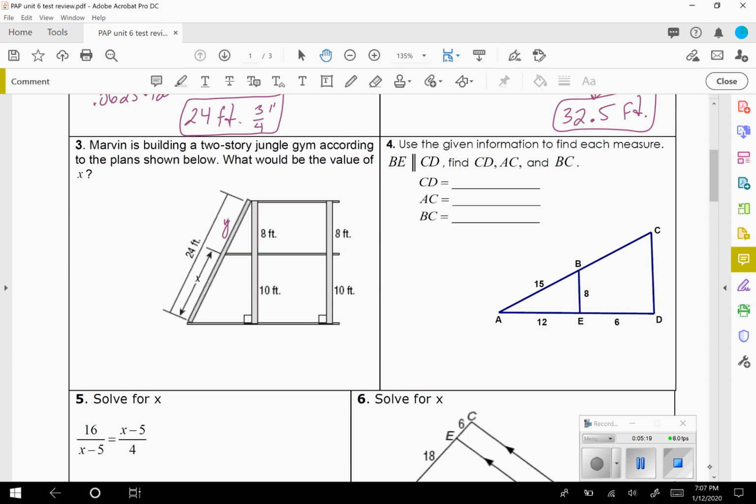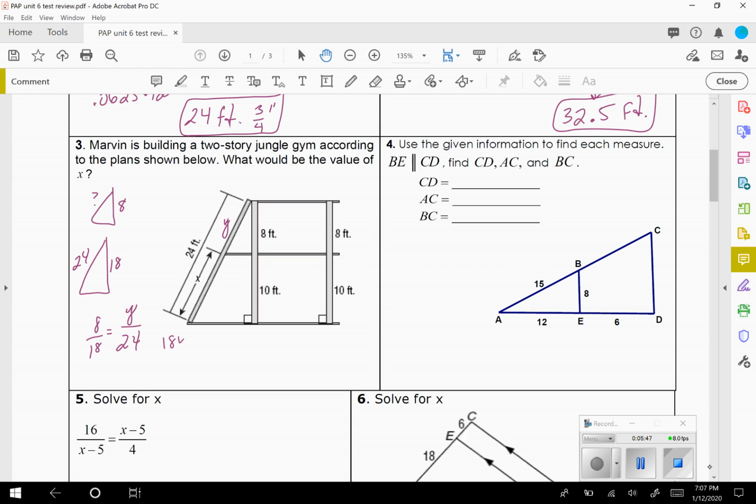Okay, so we have the small triangle. Its height is 8 feet, and we don't know this part. Then we have the bigger triangle. Okay, the height of it is this 8 plus the 10, so that's 18. And then the whole hypotenuse is 24. Okay, so we're just going to use this here. So we have 8 over 18 is equal to y over 24. So just cross multiply and divide here.